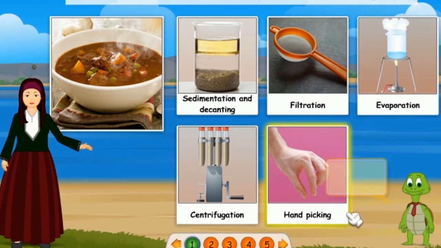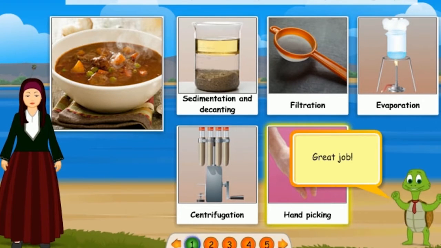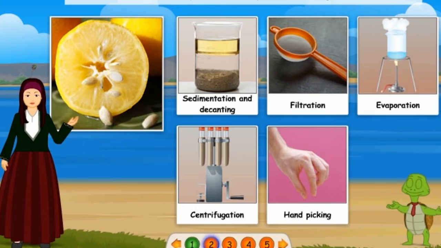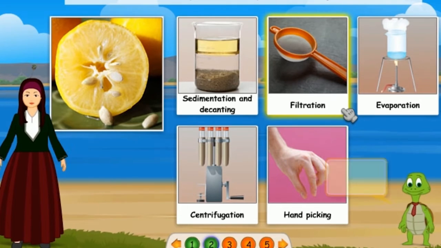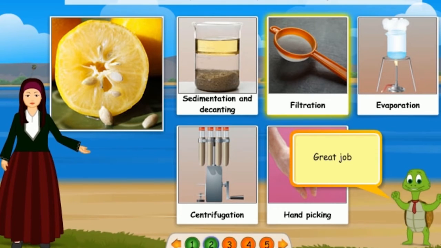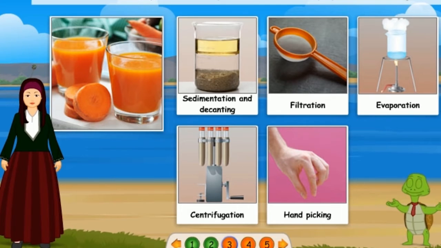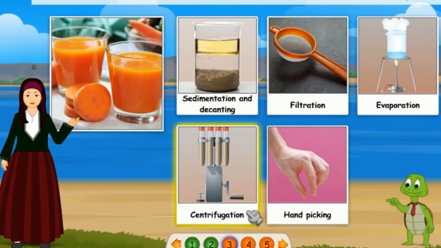Hand picking. Great job. Which method should you use to separate lemon juice and seeds? Filtration. Great job. Which method should you use to separate hard carrot pulp from carrot juice? Centrifugation.